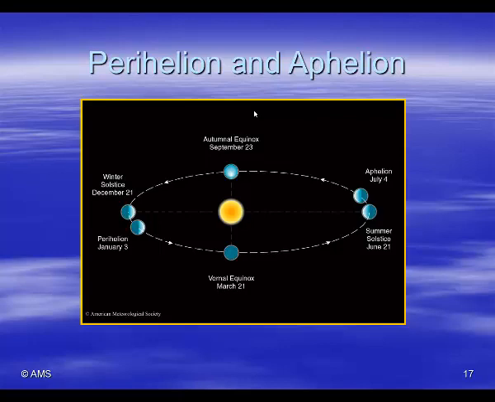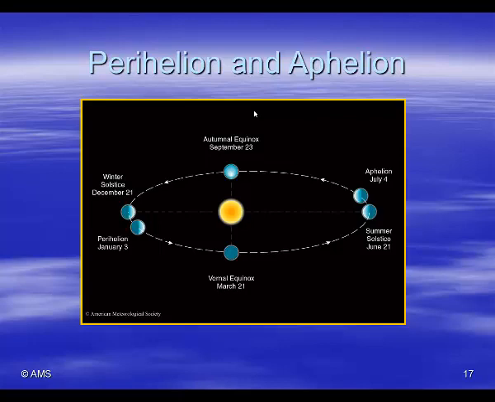But here it shows the position of the sun at the winter solstice, December 21st, the two equinoxes on the 23rd of September and the 21st of March, and the summer solstice on June 21st.